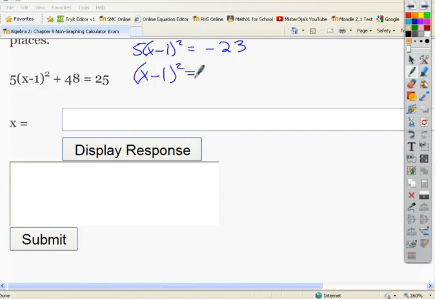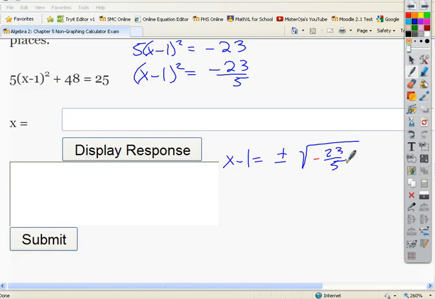Plus or minus the square root of negative 23/5. So what do I do with the negative? I take a square root of a negative. That's giving me an imaginary number. All right, so I end up with x minus 1 equals plus or minus i times the square root of 23/5.